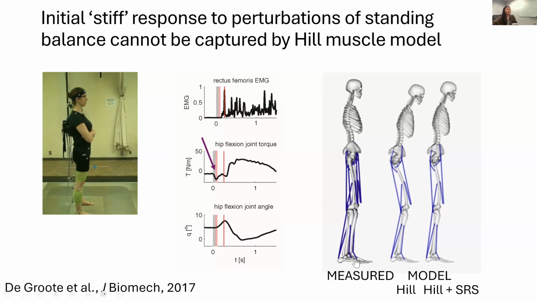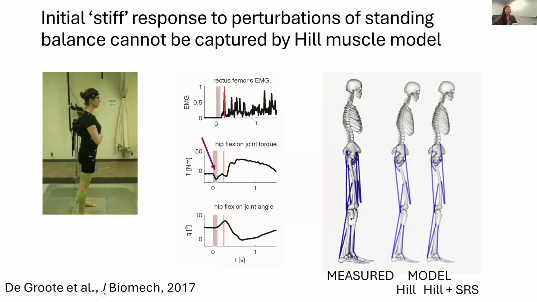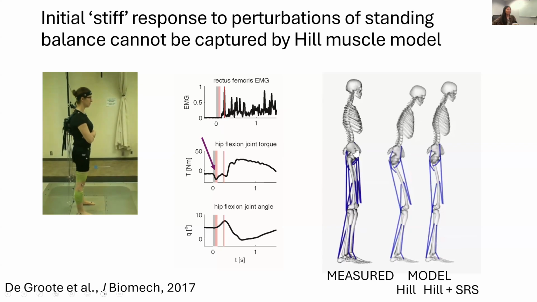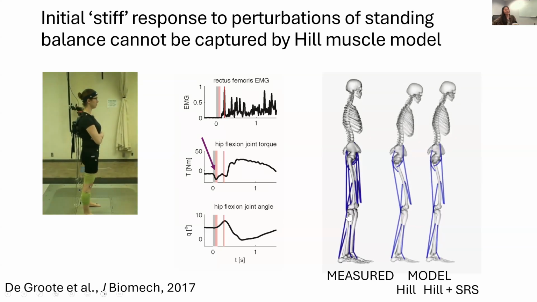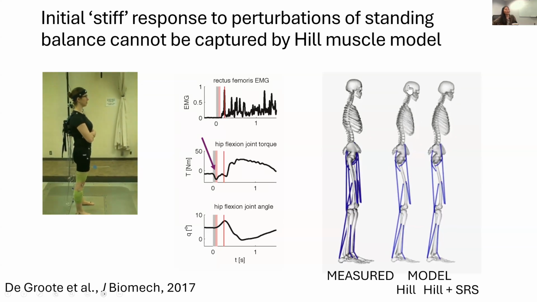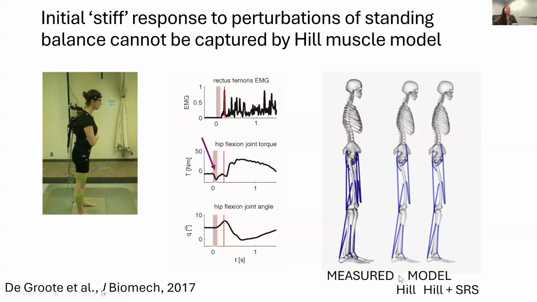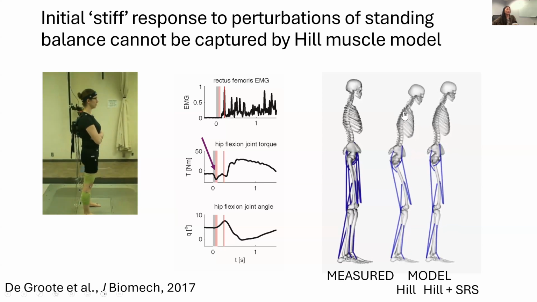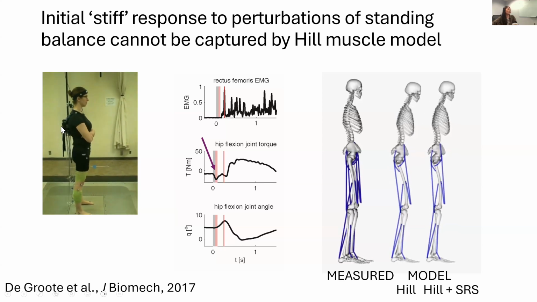On the left is what we measured from humans, and you see very little movement. It barely moves. In the middle is the simulation result using the conventional real-time muscle model.